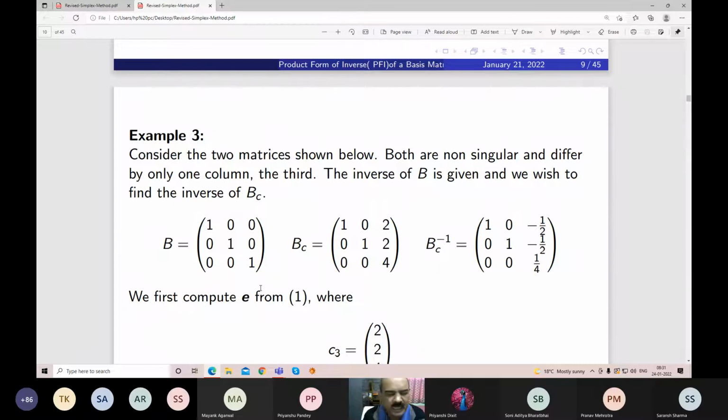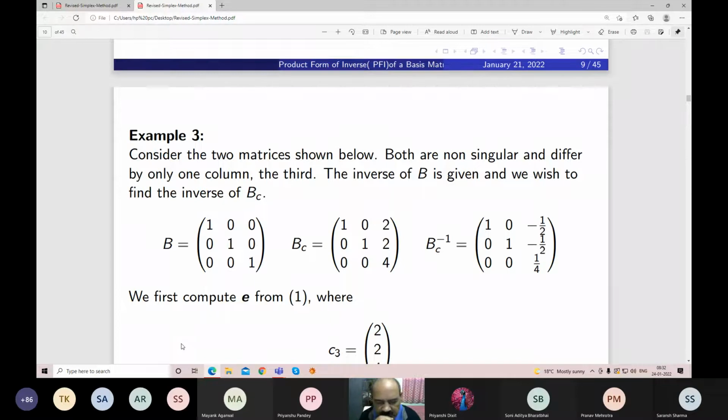If S1 is the departing variable, you replace the first column and compute the inverse. If S2 is the departing variable, you replace the second column and compute the inverse. If S3 is the departing variable, you replace the third column and compute the inverse. That is the reason I am considering three different examples. Now B and BC, which column is different? Compare. The third column is different, yes or no?